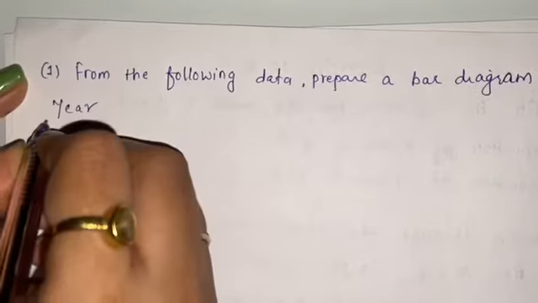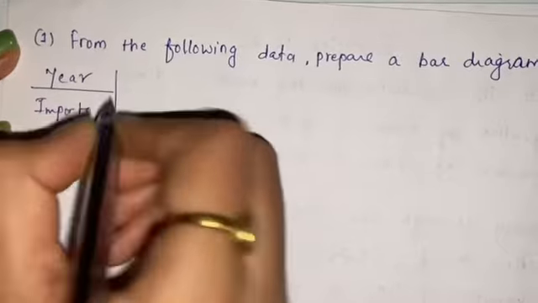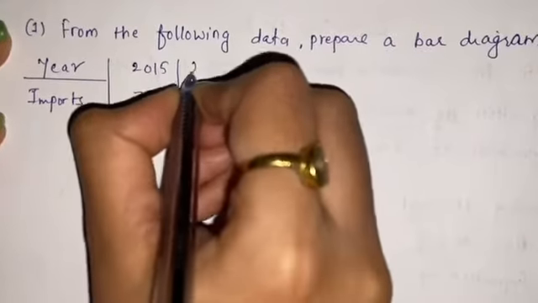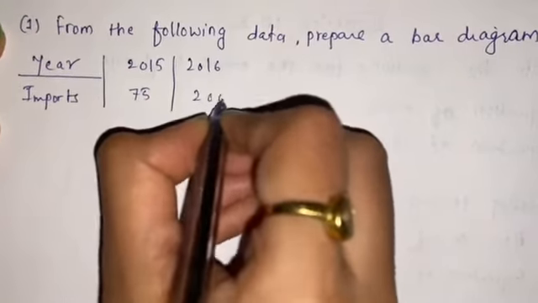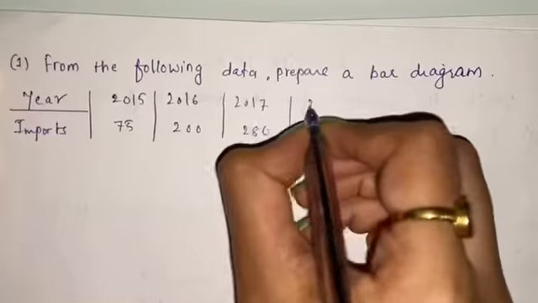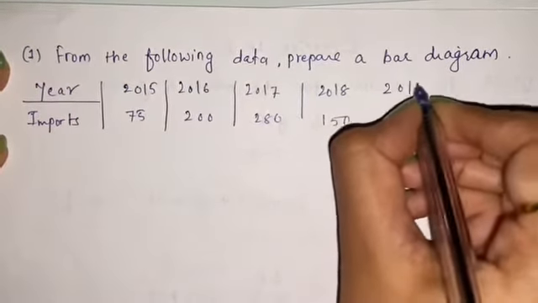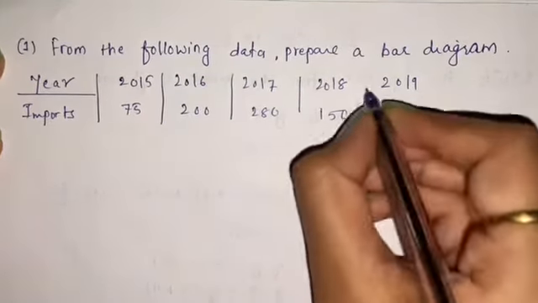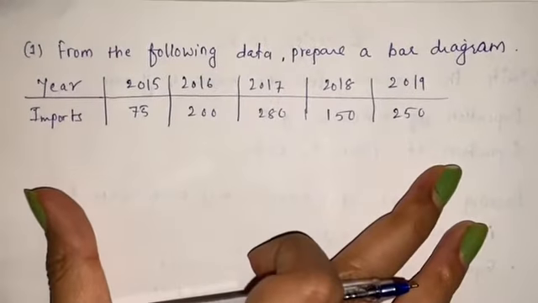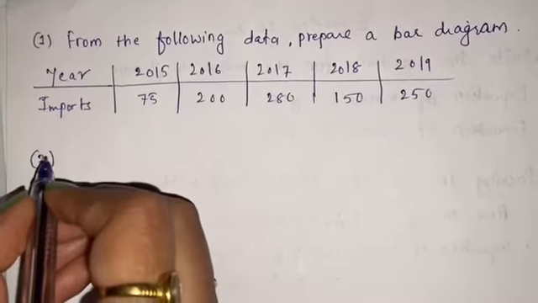Here year is given, and imports is given. In 2015 it is 75, 2016 it will be 200, in 2017 it is 280, 2018 150, 2019 it will be 250. You just have to prepare a bar diagram.